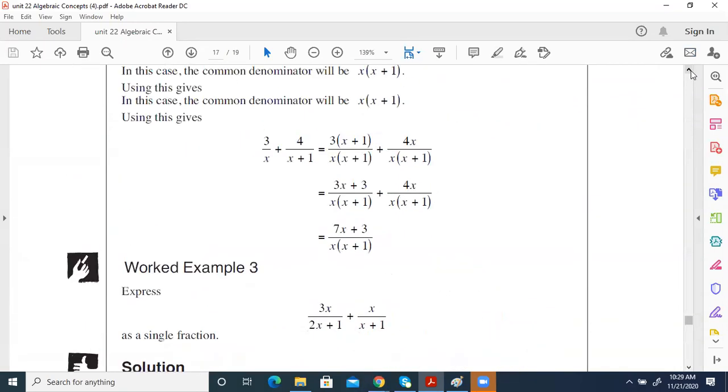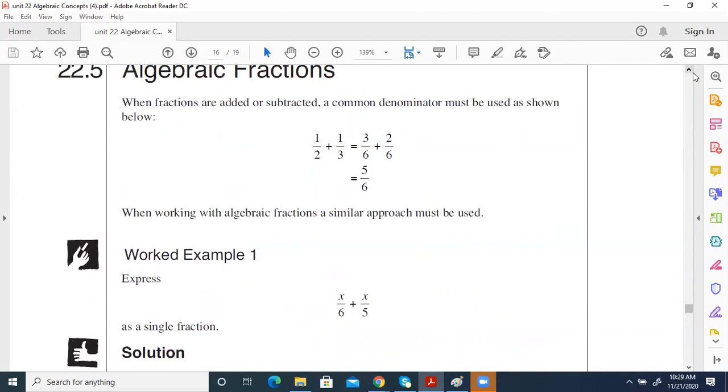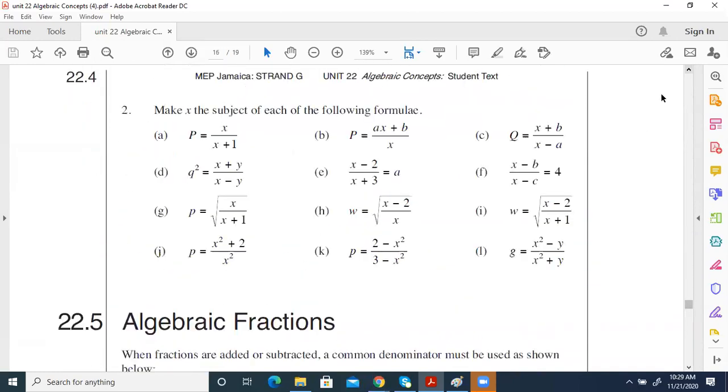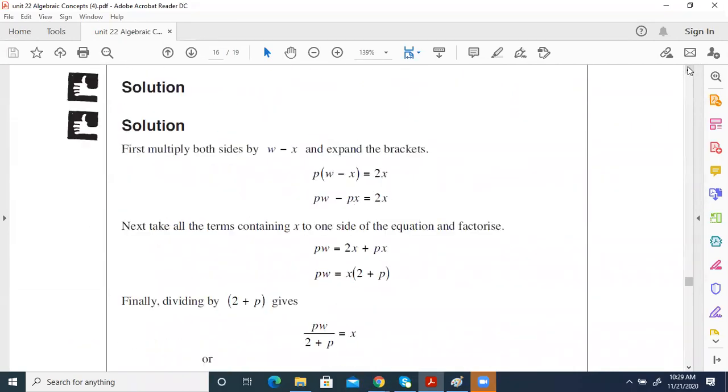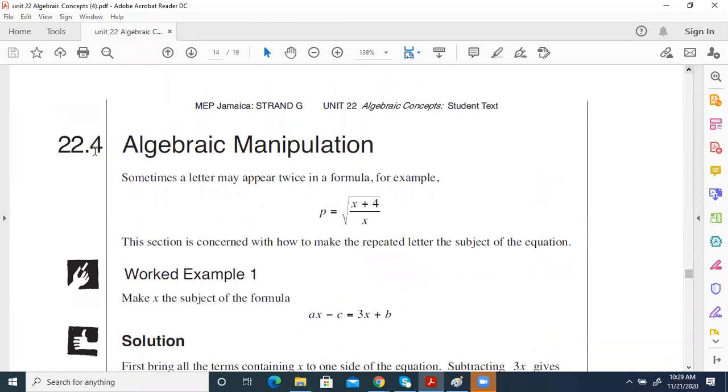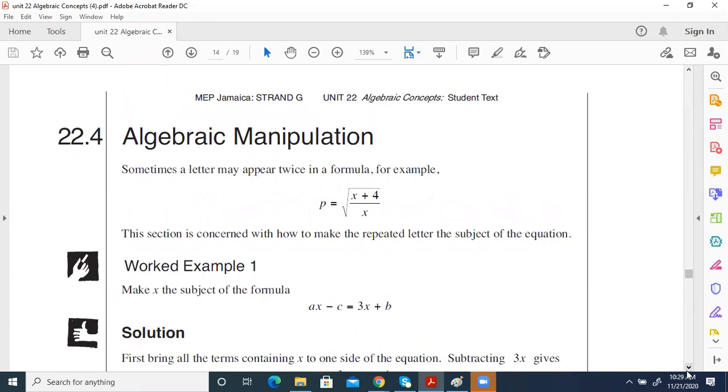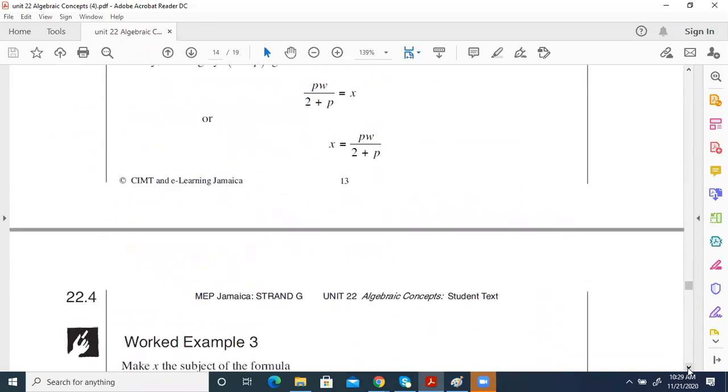I encourage you guys to go through this entire sheet. Just look at it. You may not understand everything, right? Of course, you have a section, I think it's called subject of formula or algebraic manipulation. Don't worry ahead about that. But the things that we would have covered, look at those.